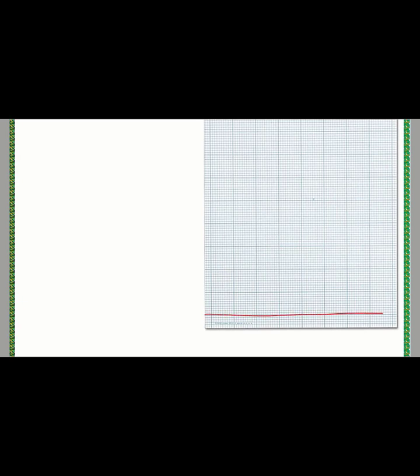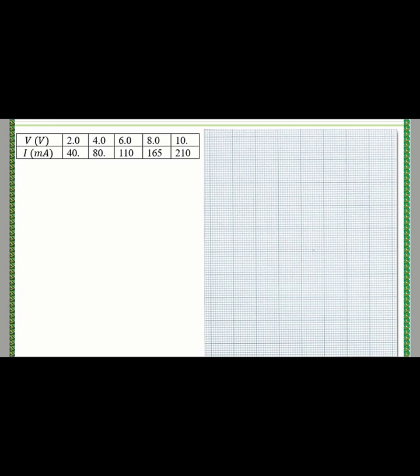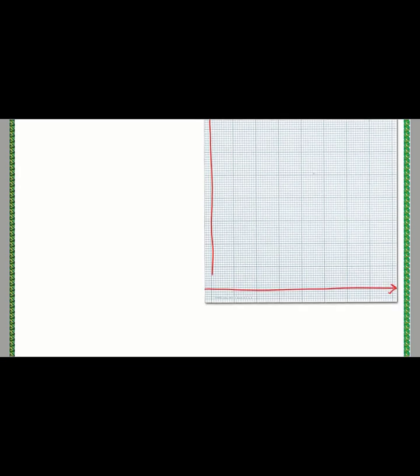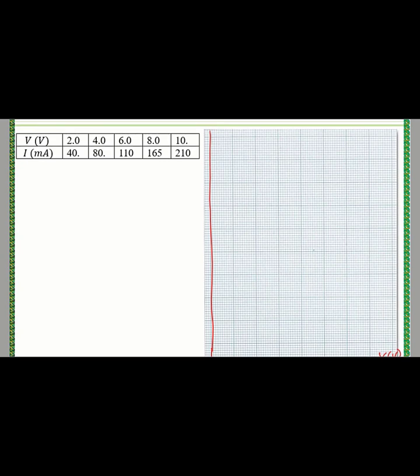This is the independent variable, which is the voltage in volt, and this axis represents the dependent variable, which is the current in milliampere, so times 10 to the minus 3 ampere. Don't forget this factor.